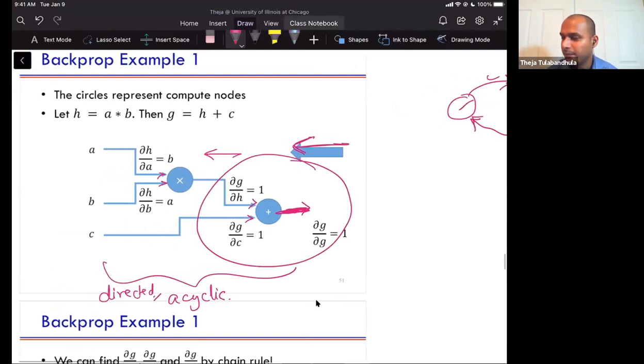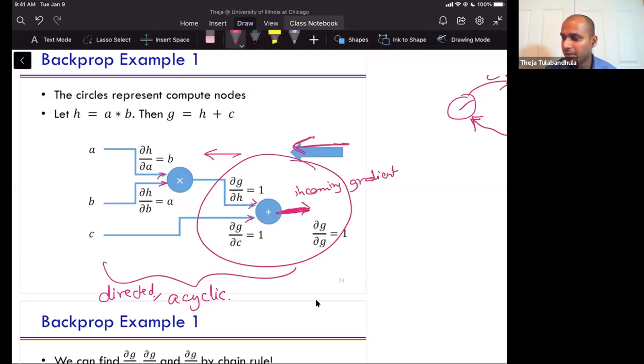So the trick for any node is that there's always going to be an incoming gradient. Remember, the information we pass on from this node to its predecessor nodes is just about gradients. Ultimately, we just want the gradient of the output with respect to some pre-specified input.